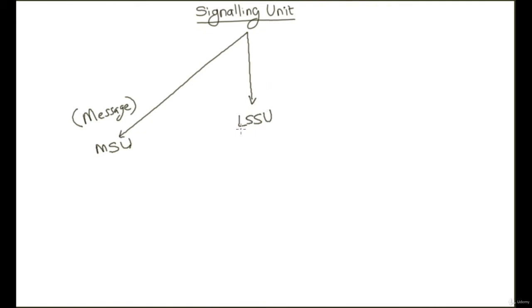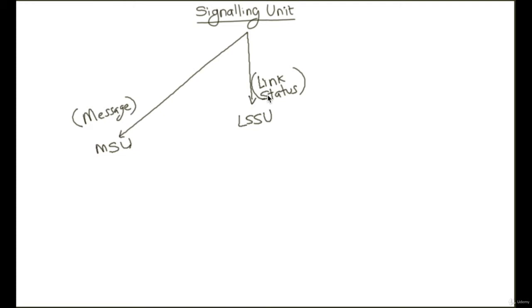Second type of signaling units are LSSU. LS here means the link status. Okay, this kind of packet is not coming from the higher level. This is generated by the MTP2 layer itself to perform the link status related activities. Okay, so suppose on the link, one entity wants to inform the other entity that the link is busy, or the MTP2 layer is busy right now, or there is congestion.